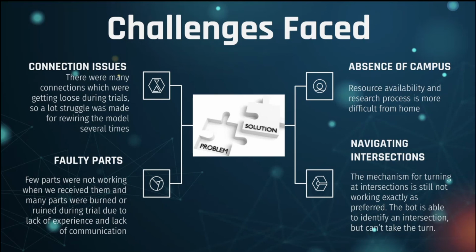The bot is able to identify an intersection, but it can't always take the turn. It can only do so in certain conditions. So these are the challenges we have faced, and we were able to somewhat overcome these by using a combination of hard work and thinking.